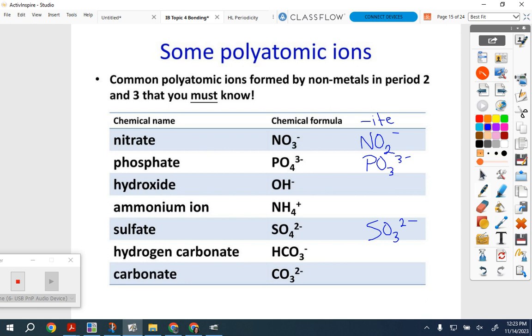Hydroxide, you should know, and we're going to talk a lot about it, particularly when we get into acids and bases. Ammonium is one of the only polyatomic cations that you'll be dealing with, and the other one you'll really only come across in the context of the acid and base unit, so I'm not going to cover that right now.